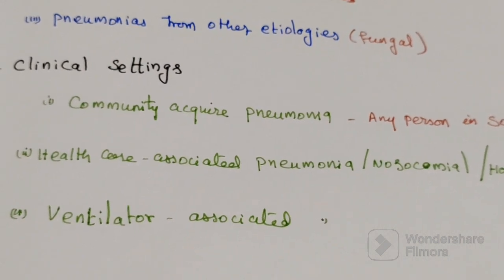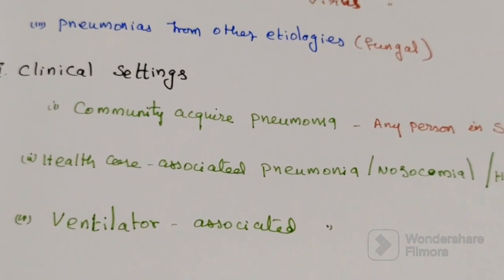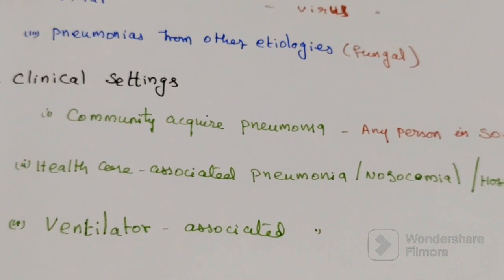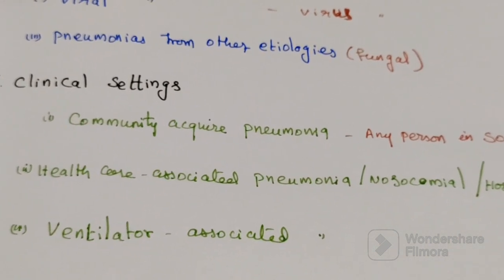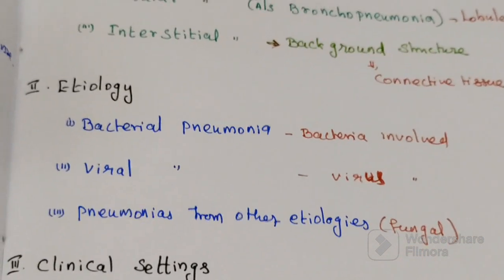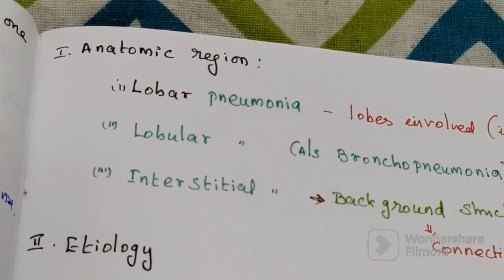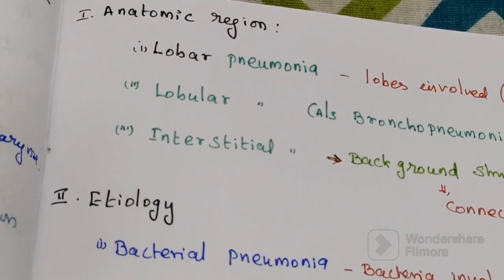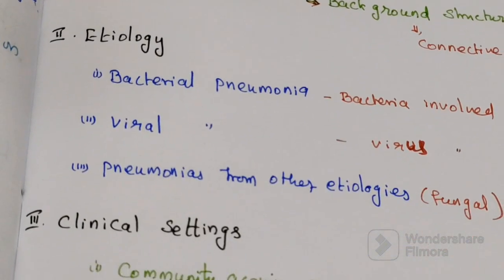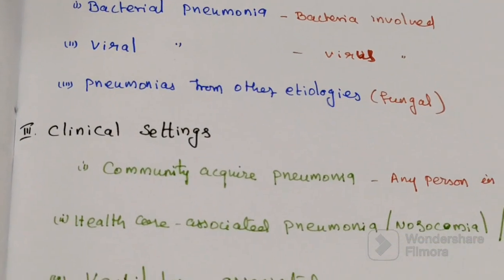Third one is ventilator associated pneumonia, due to any disease, for example COVID. This one is not important. So based on anatomical region, etiology, and clinical setting, there are three types of pneumonia.